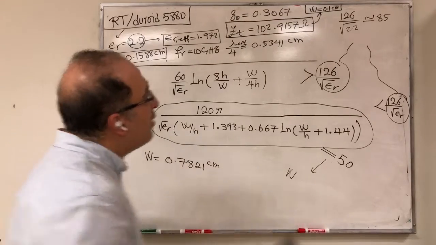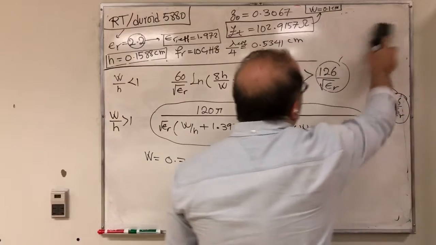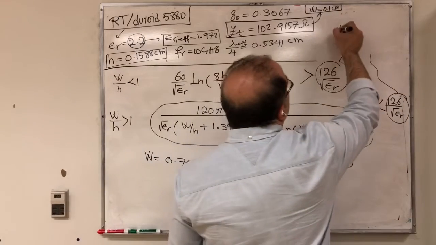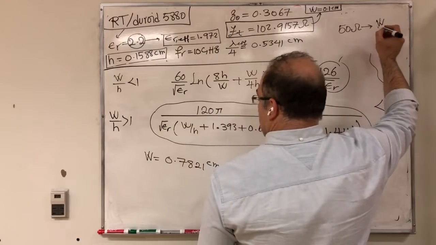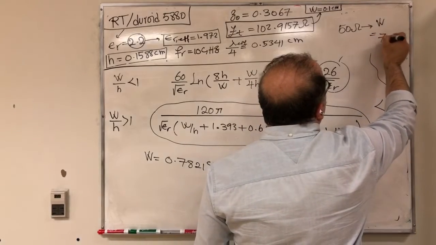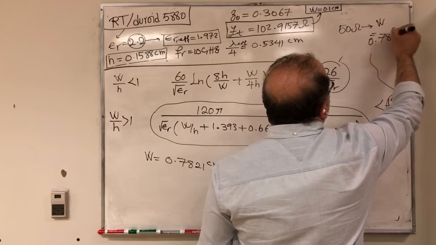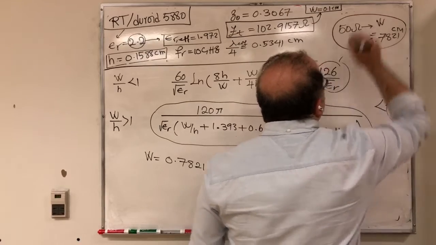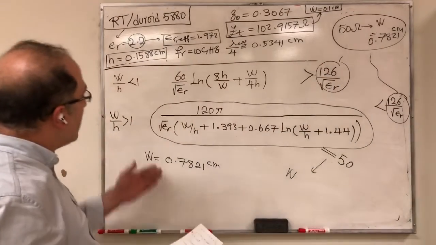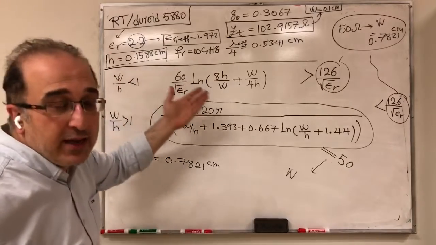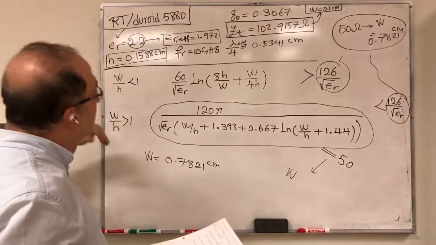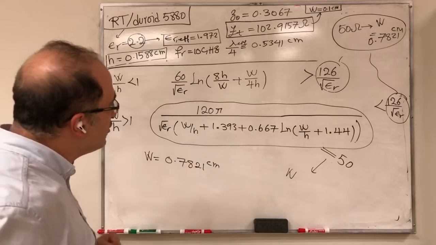So now if I remove this part and I say for a 50 ohm line, I need to have a W which is 0.7821 centimeter. This is the other W. And remember, this W depends on the substrate that we've chosen based on the example in the textbook. So if you change that, everything will change.